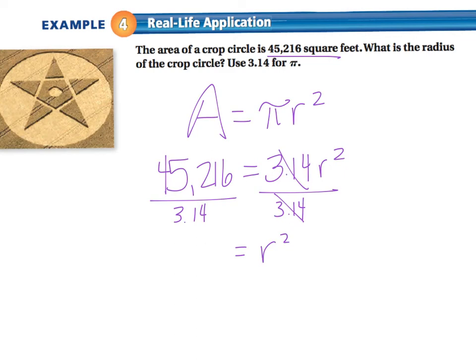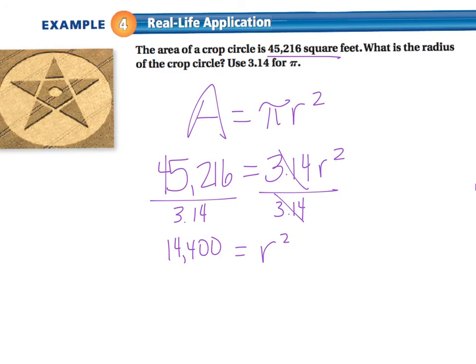Now this gives me 14,400. Now I want to know one thing. I want to know the value of r squared. So you're going to look at this and say, what number to the second power gives me 14,400? Now we learned right before example 3 that the inverse of squaring something was taking the square root.